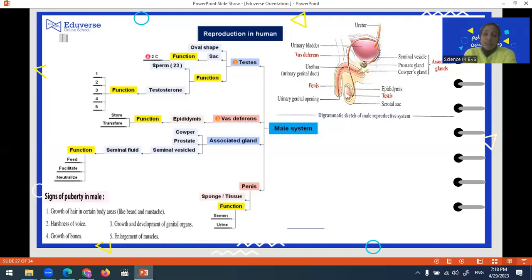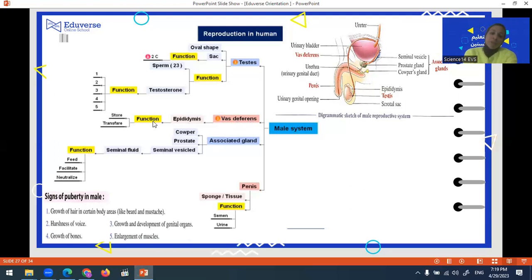Okay. Secondly, we have the vas deferens, the two vas deferens, one on this side and the other on the other side. The vas deferens starts with an overlapped convoluted part above the testis, which is called the epididymis. The epididymis extends into one tube, and this one tube is called the vas deferens. The epididymis first, okay.